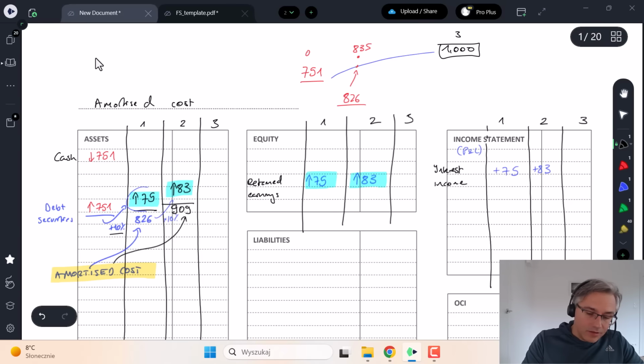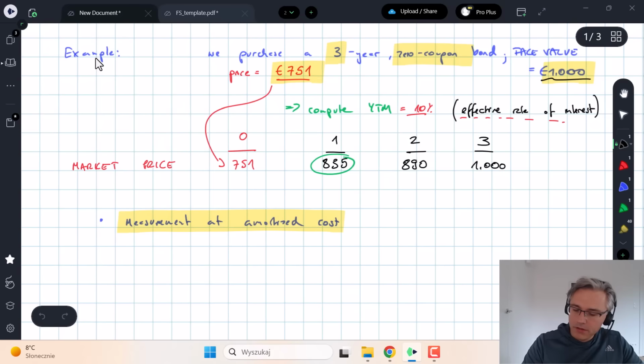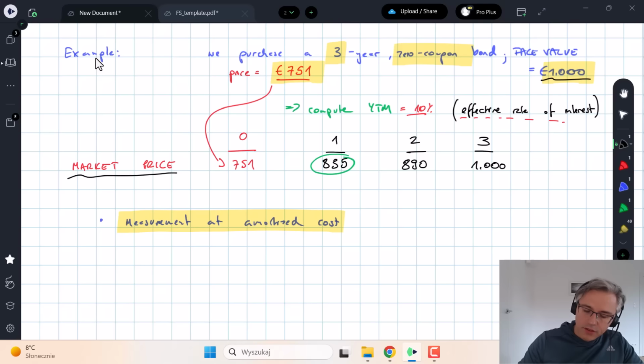Once again, it is probably completely different from the market price of the asset as measured at the end of year 2, but we don't care. The reason why we don't care is we don't intend to sell this asset in the market, so why should we bother with this 890? We intend to essentially hold it until maturity.